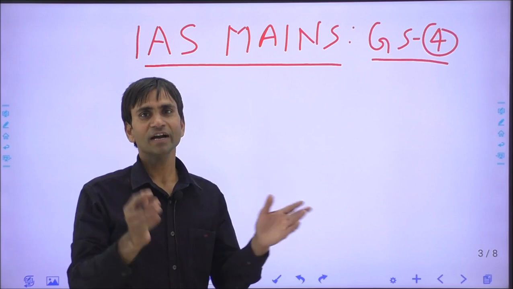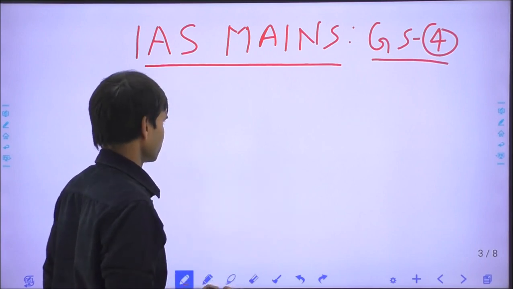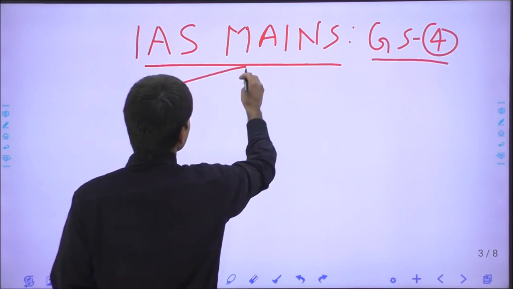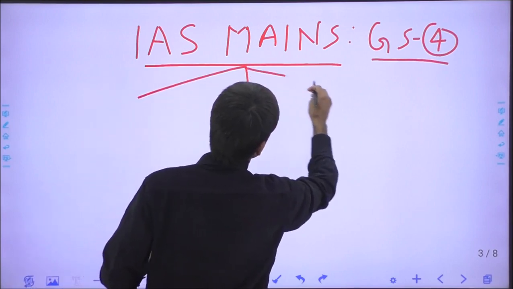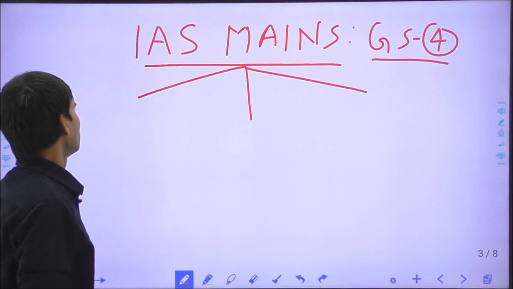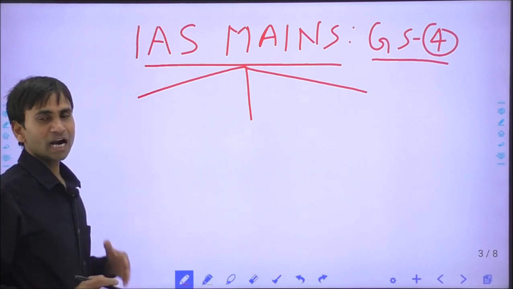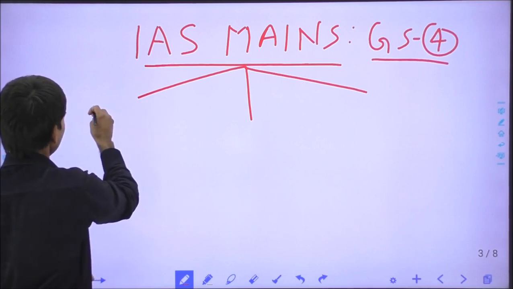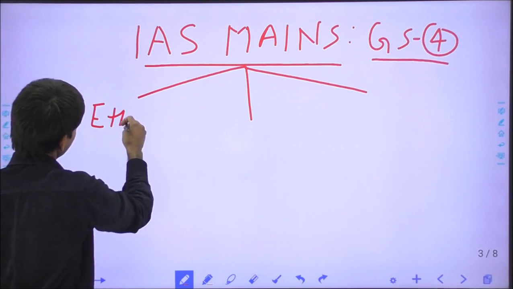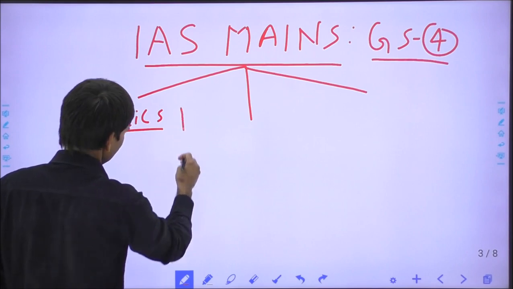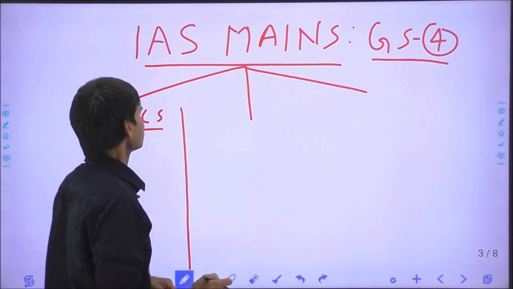We can classify the GS question paper 4 into three segments, and each segment we must prepare separately. Initially, there are some topics mentioned by UPSC, and this is the part of ethics. Here there are some topics.